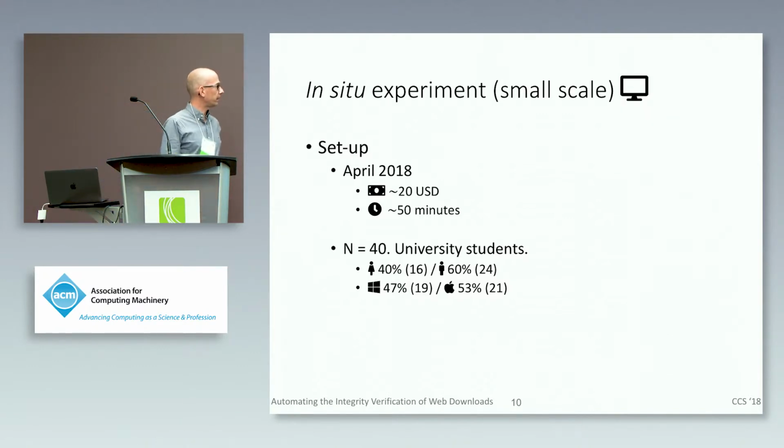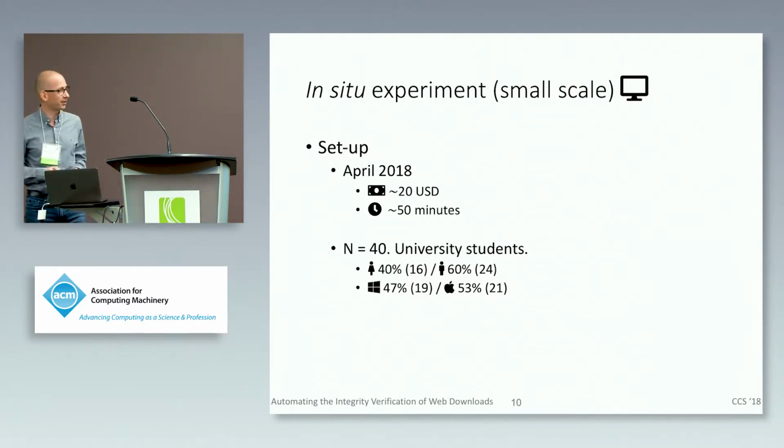40% of them were female, and it was roughly balanced in terms of operating systems. There was first a screener that allowed us to try to find a balance between the different operating systems, gender, majors, and a priori knowledge of checksums.